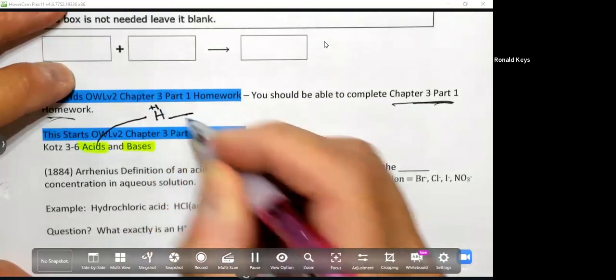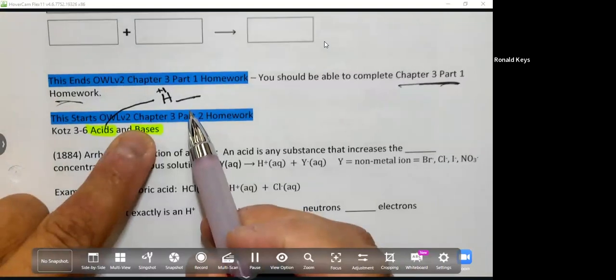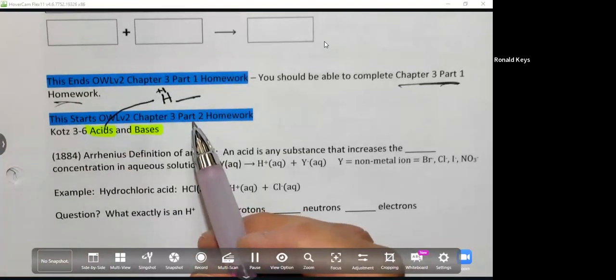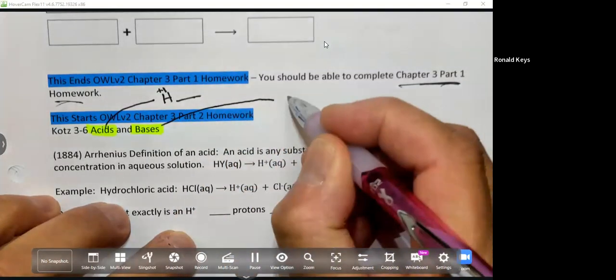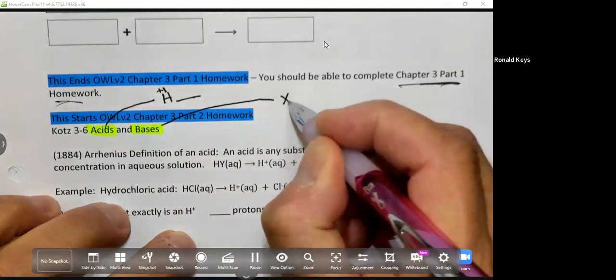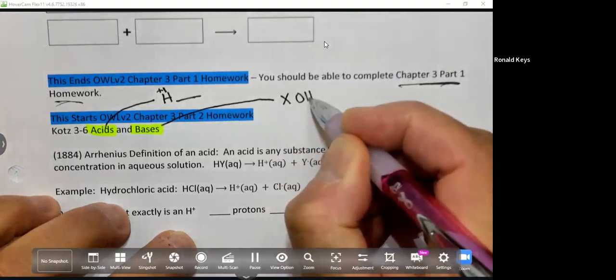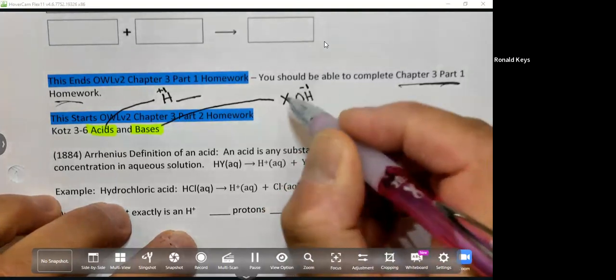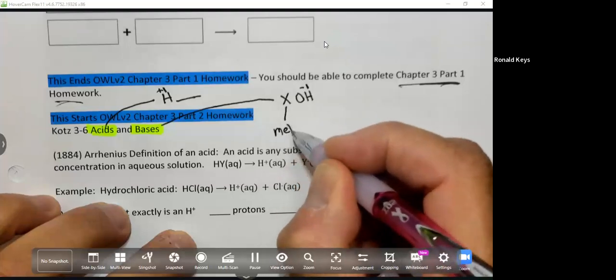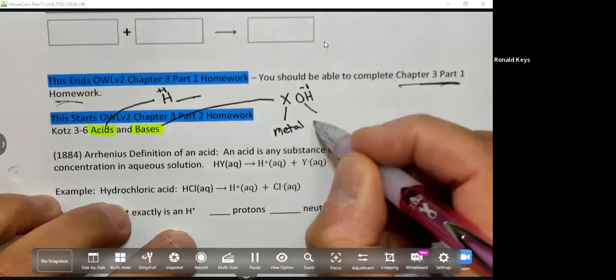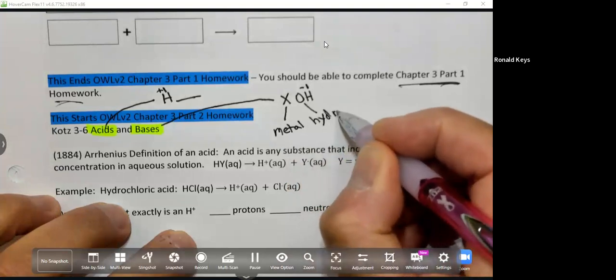And we had some negative ion to go with it. And you're going to see on the next page, we did naming acids. If you have a base, the generic for a base for sure is XOH. This X just stands for a metal. And if you have a base, you have a hydroxide.